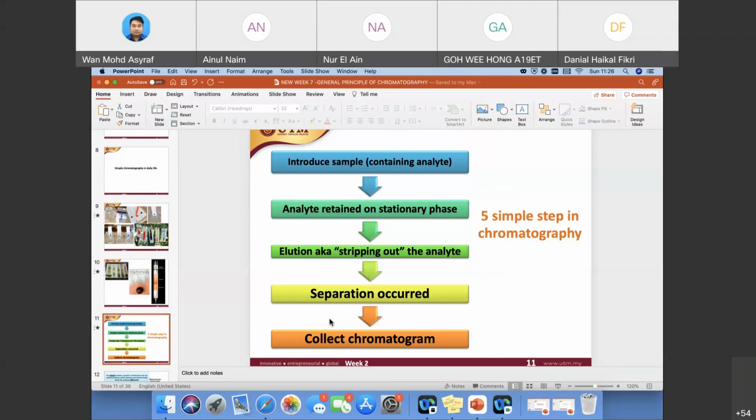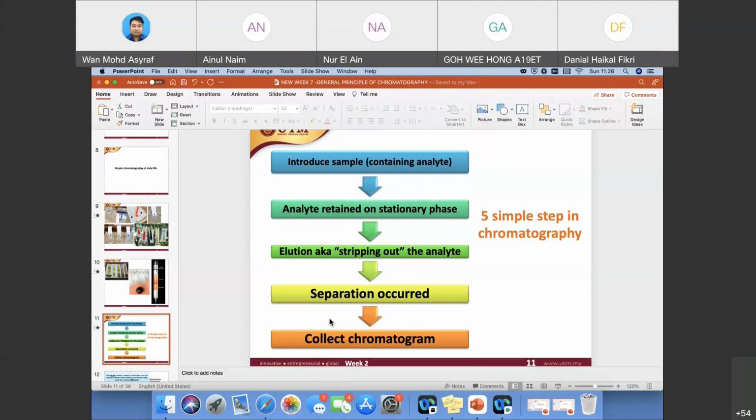That's in terms of retain. If high interaction or high retention, then your analyte will spend more time inside your stationary phase rather than following the mobile phase. But if your analyte is weakly retained by the stationary phase, then it will move according to the mobile phase.